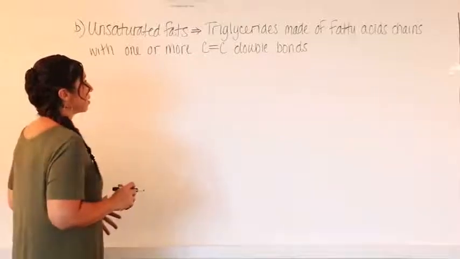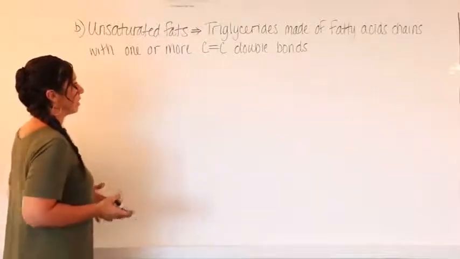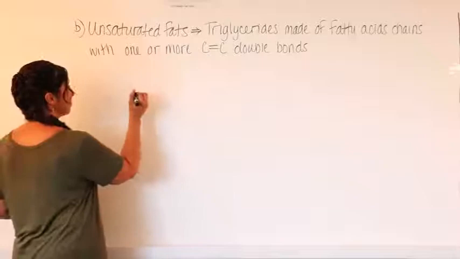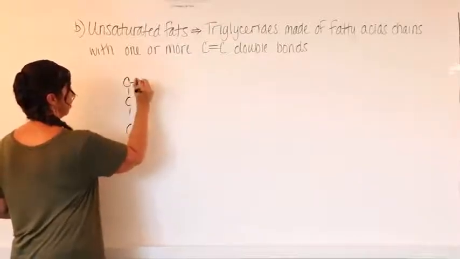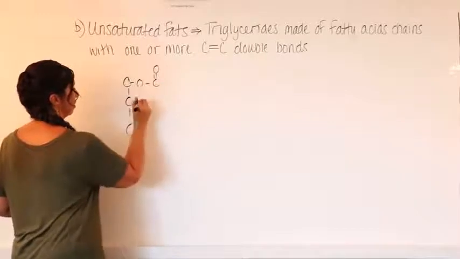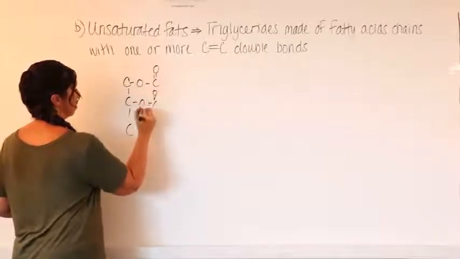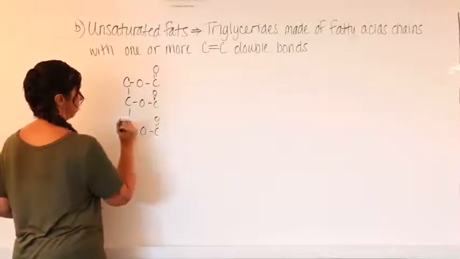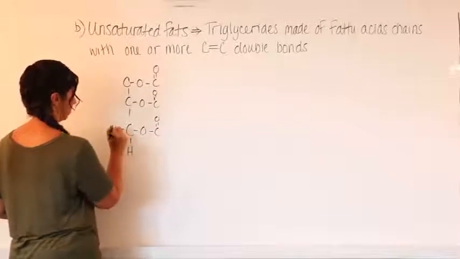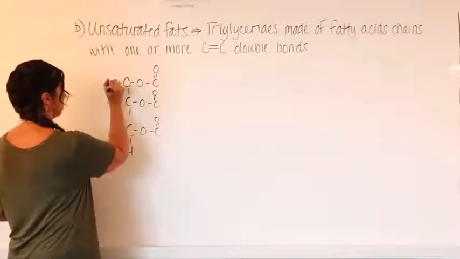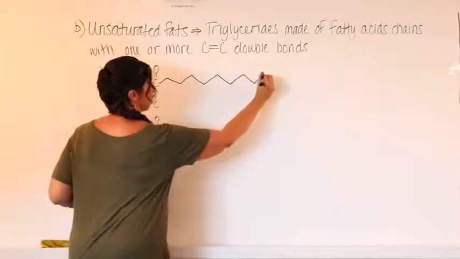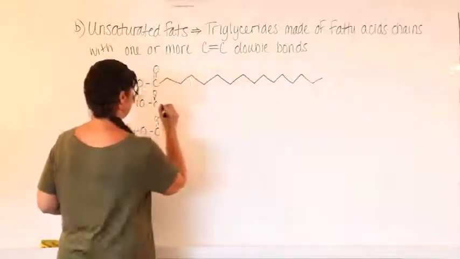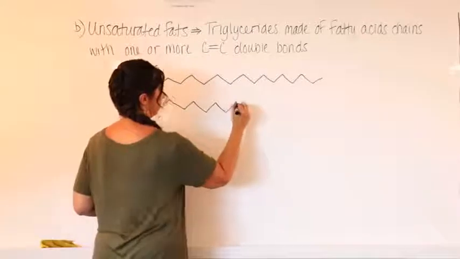So here's what goes on when you have a carbon-carbon double bond in your fatty acid chain. I'll do a little bit more detail on this one. I'll keep this one saturated. I'll keep this one saturated.